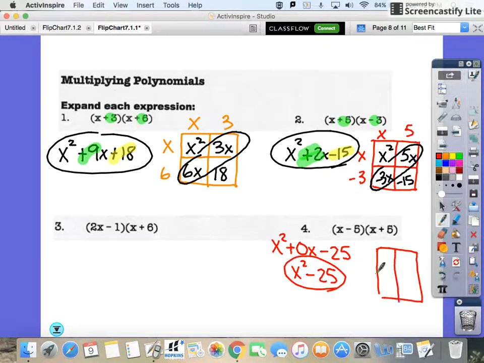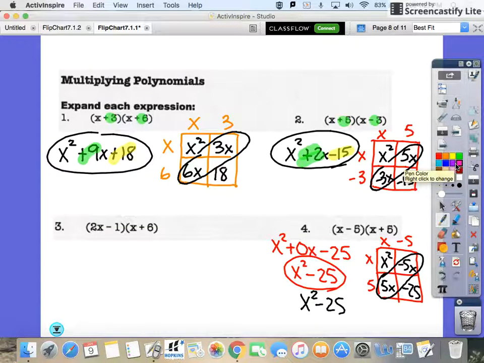If you do the box, you'll end up with the same thing, x minus 5, x plus 5. And you'll see these two terms just drop off. They make 0. That's where this term comes from right here. Okay, so you'd still end up with x squared minus 25. Just saves a little bit of time in writing.